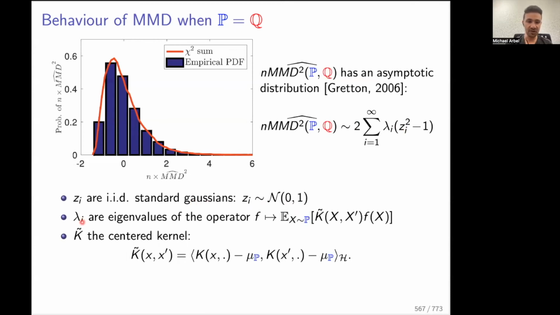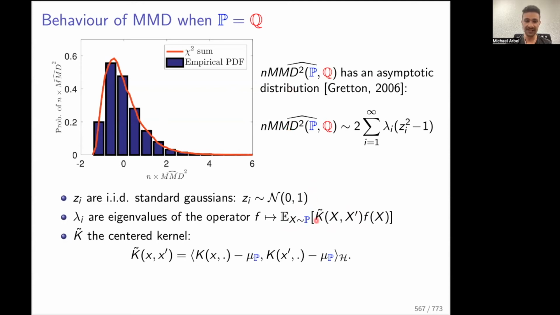And what are these coefficients? Well, these would be the eigenvalues of some linear operator, which looks like the operator that you've seen in the course on Mercer kernels. So basically, it's an expectation under some measure. Here in particular, it would be the distribution P of functions that are convolved with a kernel K tilde. This kernel K tilde would not be exactly the kernel that is used when estimating the MMD.